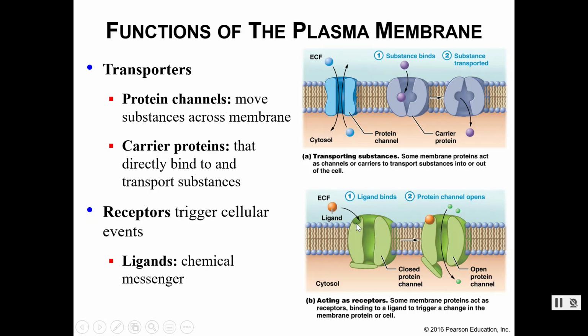And once that happens, notice what the protein channel does. So once we have bound, this protein channel opens up, and now we are allowing solutes to come into the cell. It wasn't until the ligand, the messenger, bound to the receptor, that we could open up this channel and allow for the transport of these solutes.